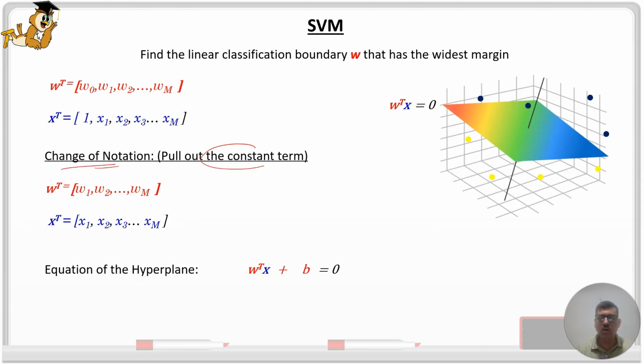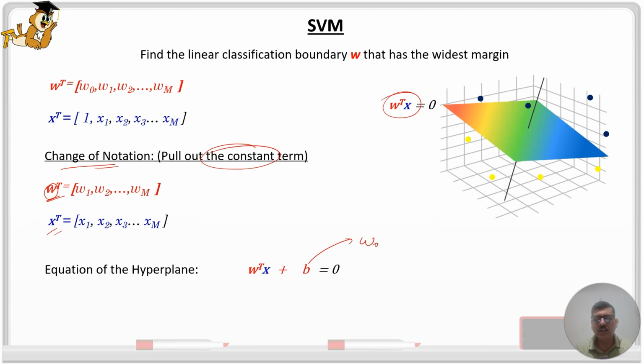We are going to pull out the constant term from W. So for this lecture, just for this lecture, my W vector is going to begin with W1 and go through Wm, and my X vector does not have that 1 constant in there. Therefore, the equation of my hyperplane, instead of being W transpose X equal to 0, becomes W transpose X plus B equal to 0, where B is really my W0.